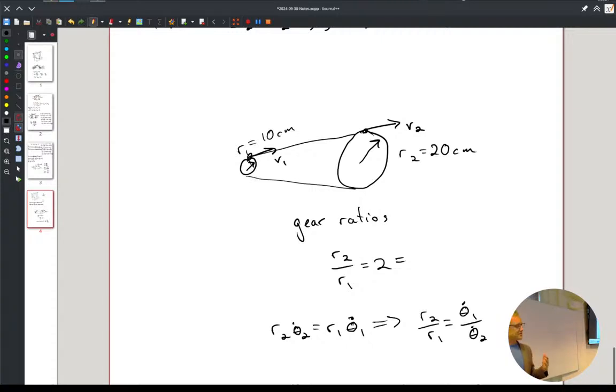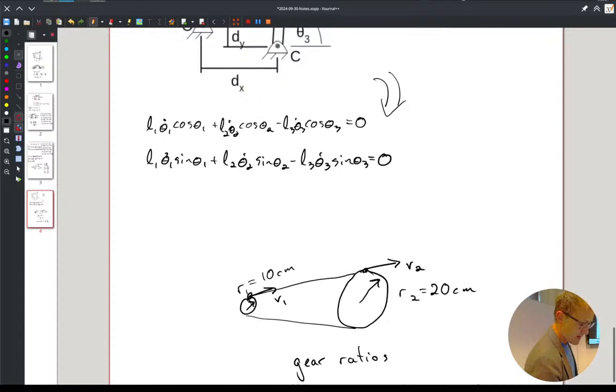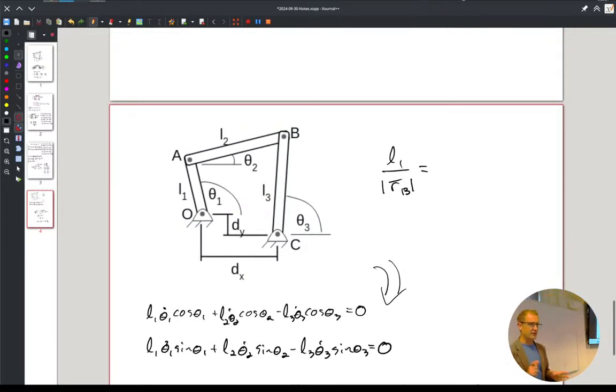So that would be a place where you could use ratios directly of one gear to another gear, and that would work. But here we had something a little different because we had RO equals RP plus C over K. We started looking at how these vectors all connect to each other.